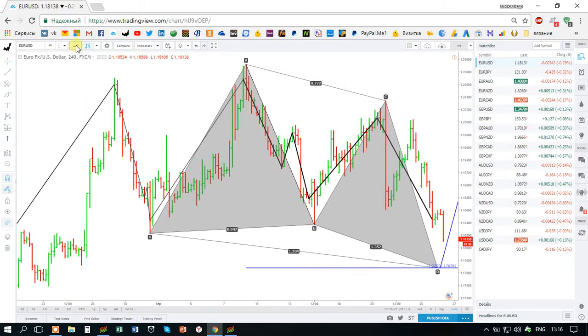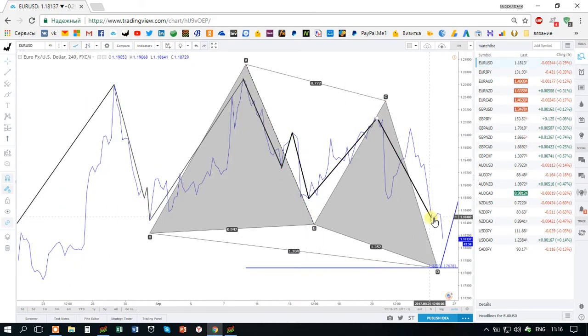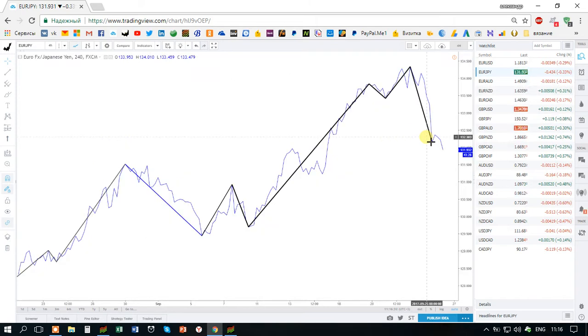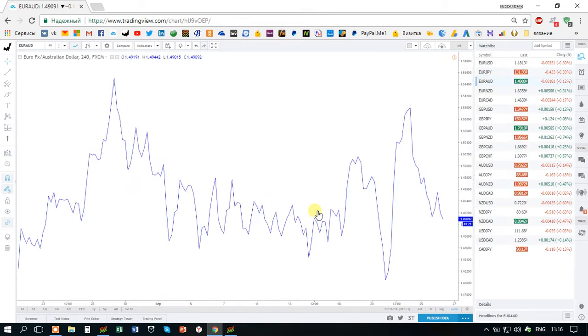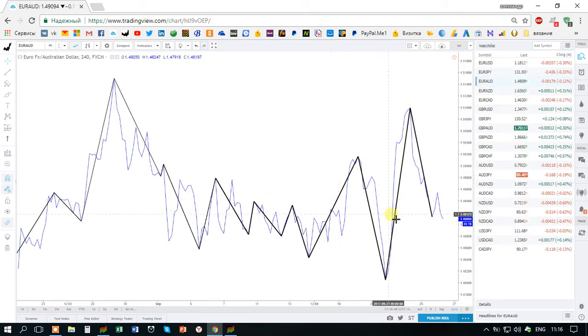Let's go Euro dollar. 4-hour butterfly pattern still stays on. I will just add the continuation line. Euro yen. If you guys don't know my swing identification technique, you are welcome to visit my YouTube channel and watch the video that is called Secret to Swing Identification.